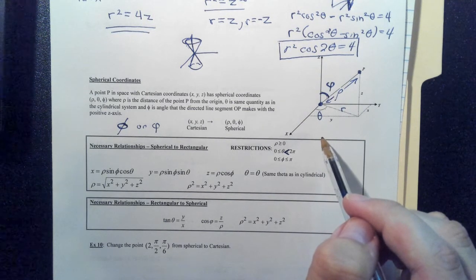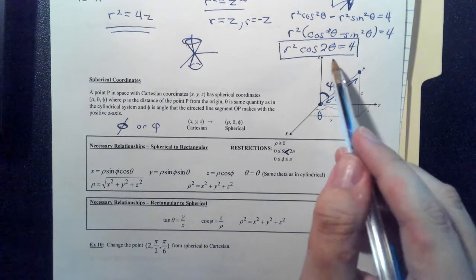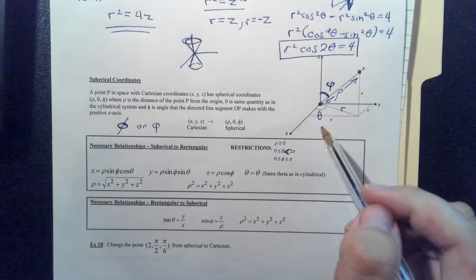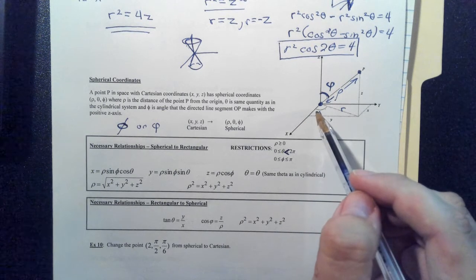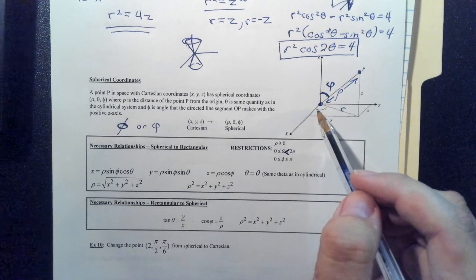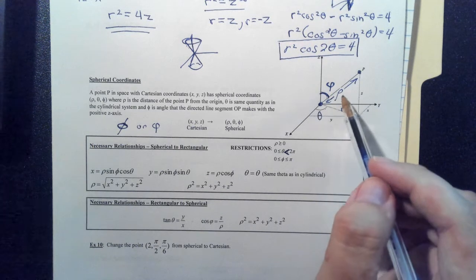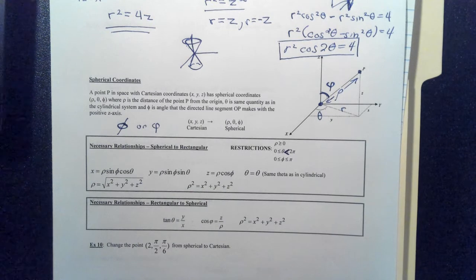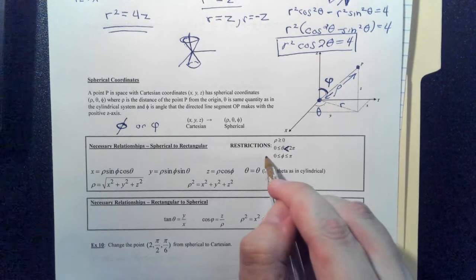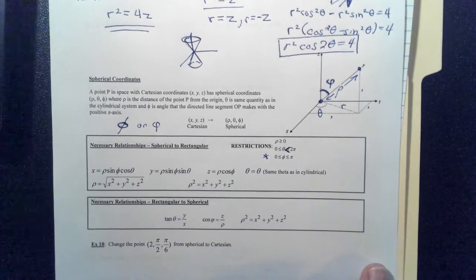If I go past that, I'm breaking through the xz plane, going to the other side. Rather than doing it that way, it would be just as simple to allow theta to be a larger angle to get me onto that side of the plane. So phi only goes from 0 to pi.